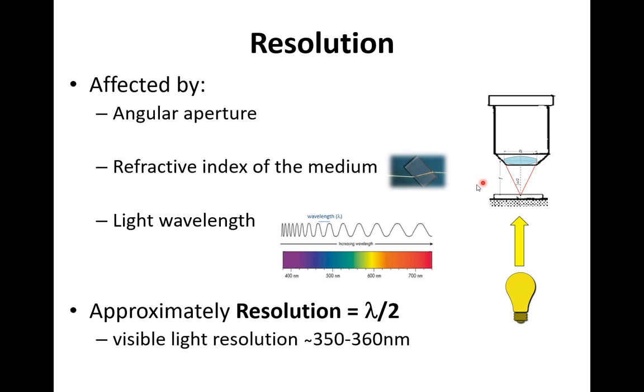It depends also on the medium that is in between the object and the lens. So if there is air, it's a certain type of medium. If you have water, it's different. If you have oil, some lenses indeed require oil to get the maximum resolution possible. So these as well reflect or slow down the travelling of the light, and therefore change the resolution.